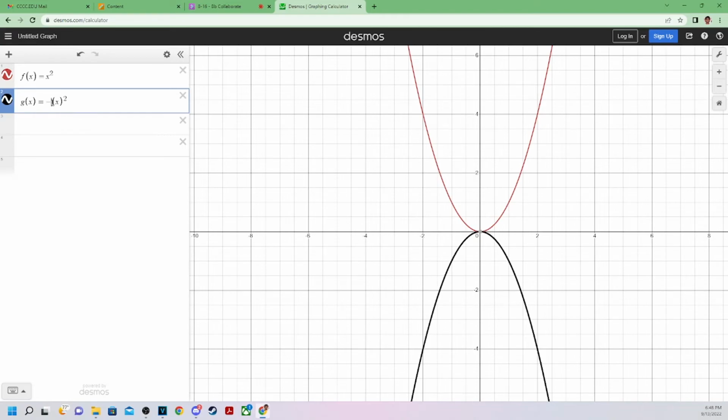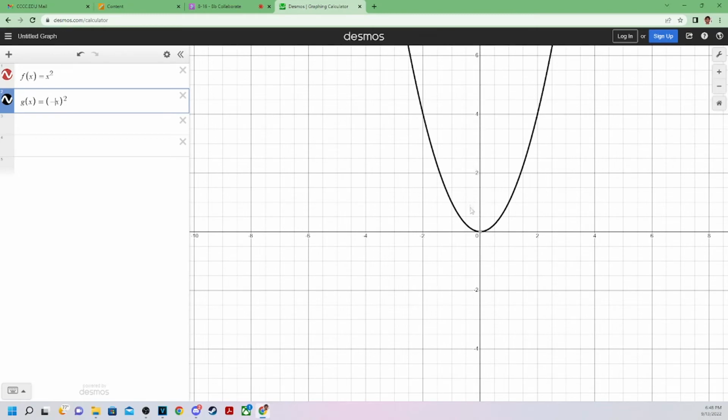Now, what if I wanted to do a reflection across the y-axis? Well, that's inside my function. It has to also be squared. But I don't get another function. That's weird. I only have one. Where's my parent graph? My parent graph is still here, but they're the same functions, because a negative times a negative is a positive. Well, if you think of it that way, you're reflecting across the y-axis.